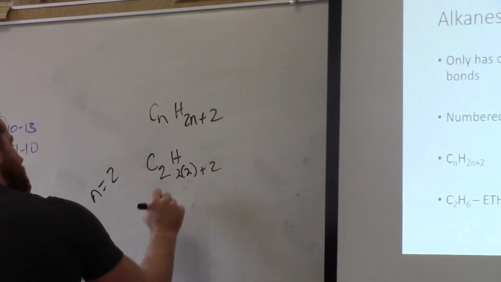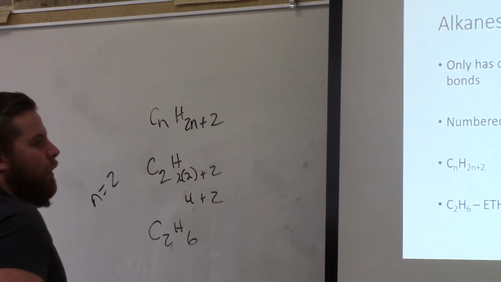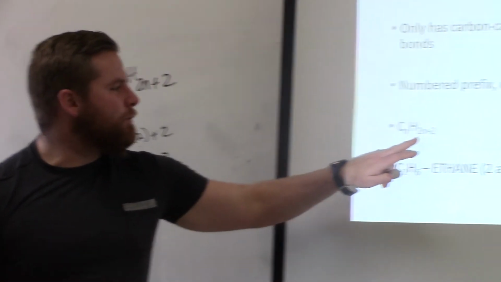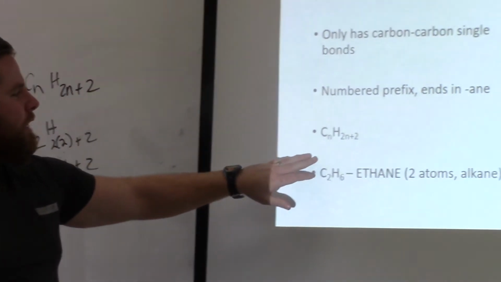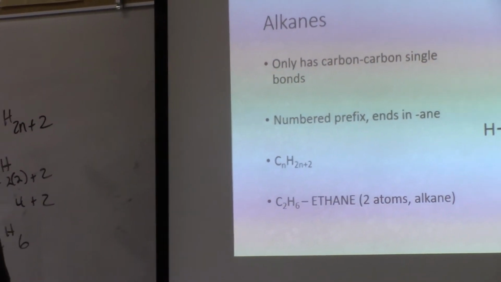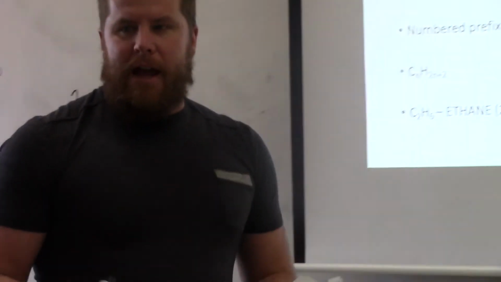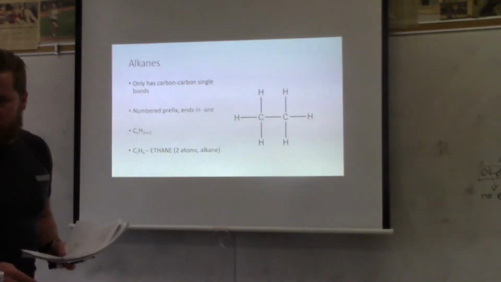So that's going to be 4 plus 2, so that's C2H6. So if you know the number of carbons through this little algebraic formula, you'll know the number of hydrogens, all right? So you should be able to answer that for alkanes on your organic nomenclature assignment as well.